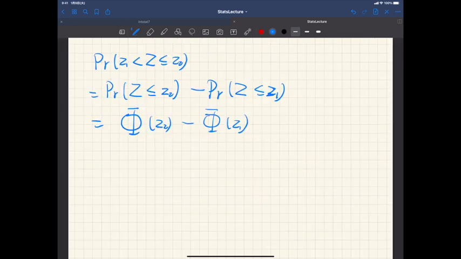Okay, so for example, if you want to calculate a probability like, for example, negative 1.5 less than z less than, let's say, 0.5.